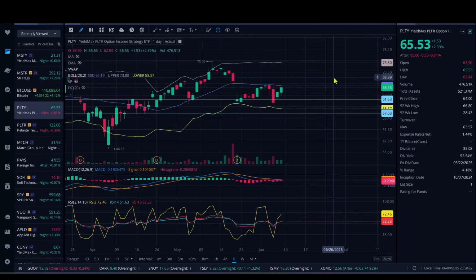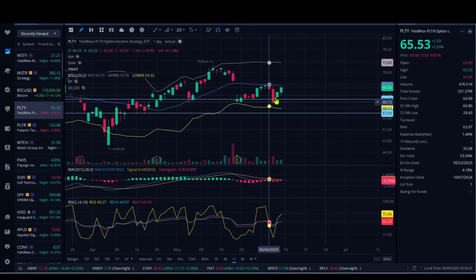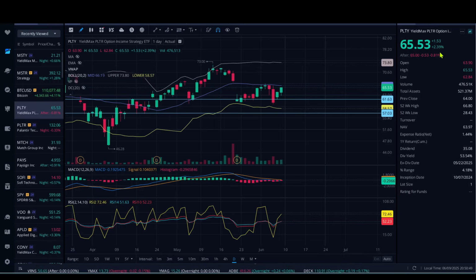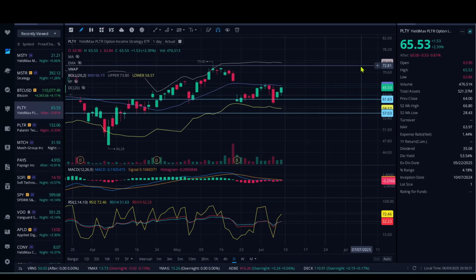And here we are on PLTY. As you can see, we had a very nice green candle today as well on PLTY. It just must have been a green candle day. So we had a movement of about 2.39% up today. Very nice.